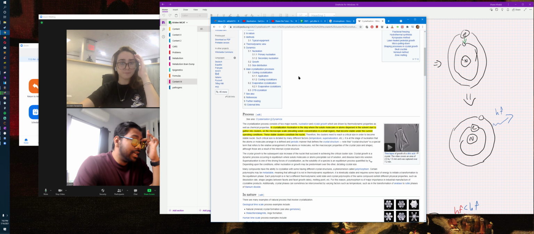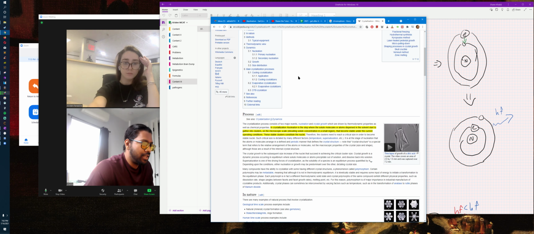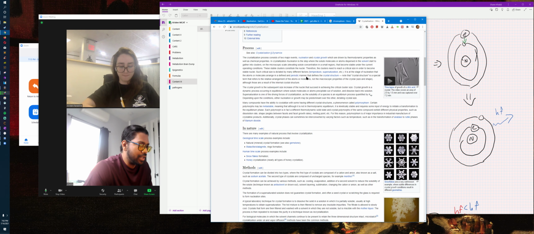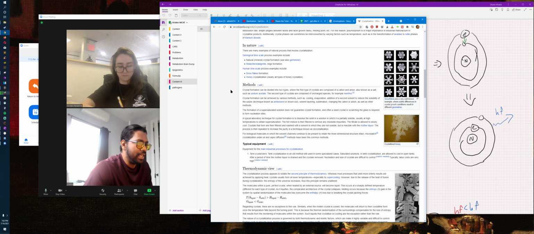So when you try to make a crystal, right? Nucleation is essentially the first step where the solute molecules or atoms that are dispersed in the solvent start to gather into clusters. I remember there's a question that said, "What's the reason for adding something?"